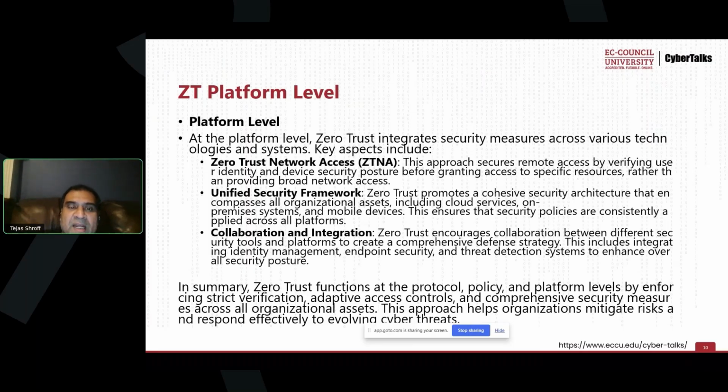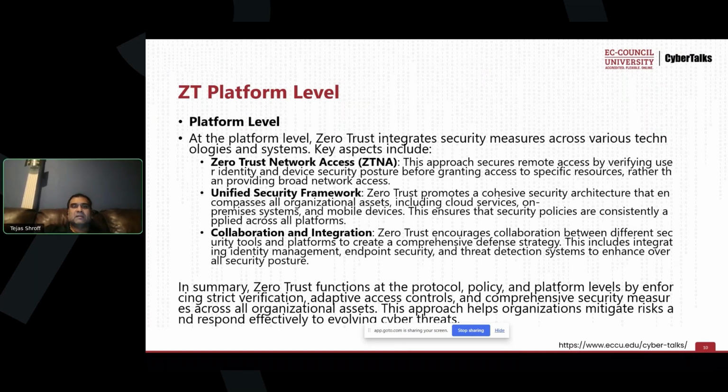Your entire supply chain needs to be protected. You don't want to leave any holes in between. So that's the goal of putting an end-to-end zero trust policy in place.